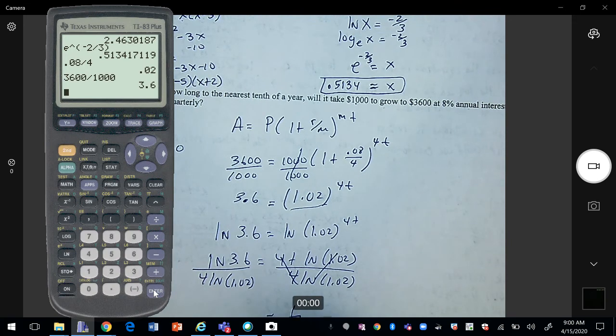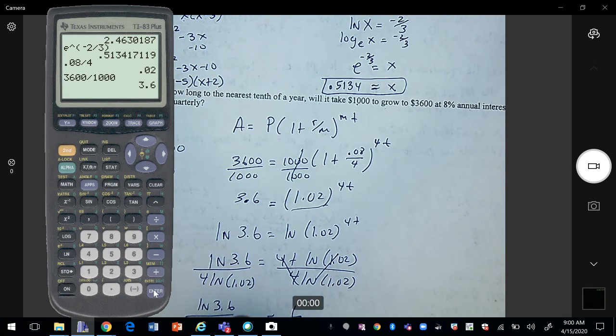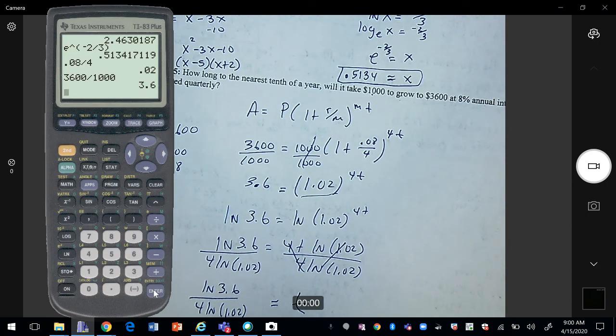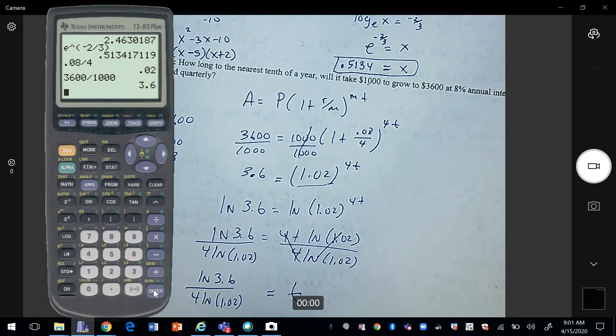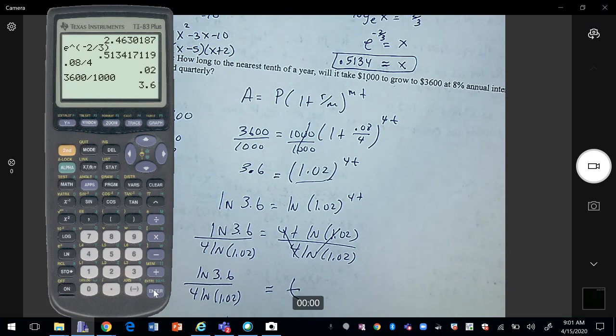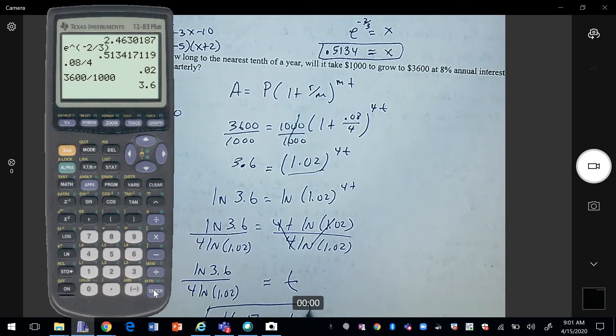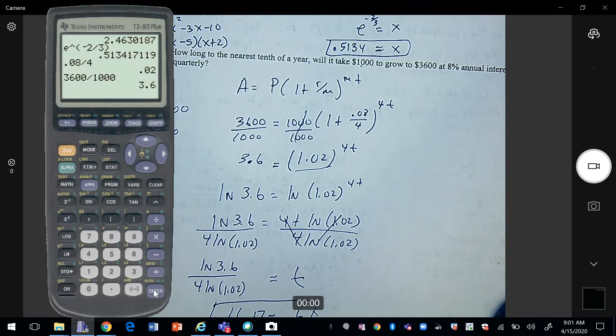So t is equal to that, and the approximation, if you enter that into your calculator, comes out to around 16.17. So that's the end of this section.